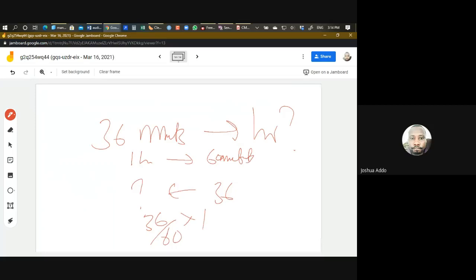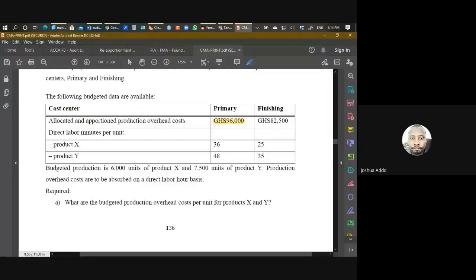Okay. 36 divided by 60. I just want to confirm on my own calculator. That is 0.6. Correct. That's 0.6. So let me go back to the question and see something.